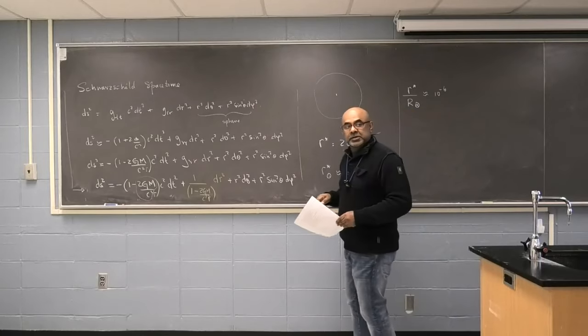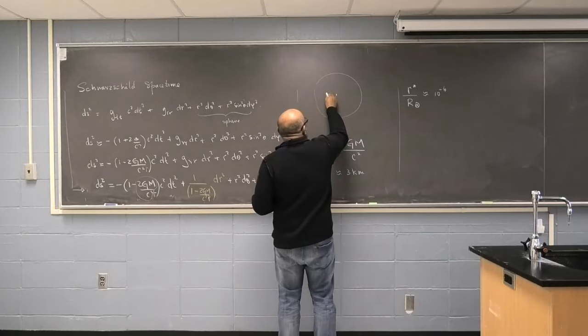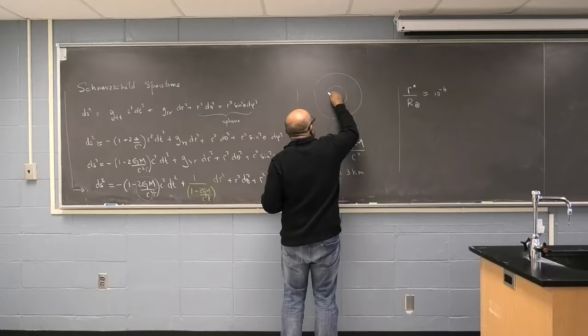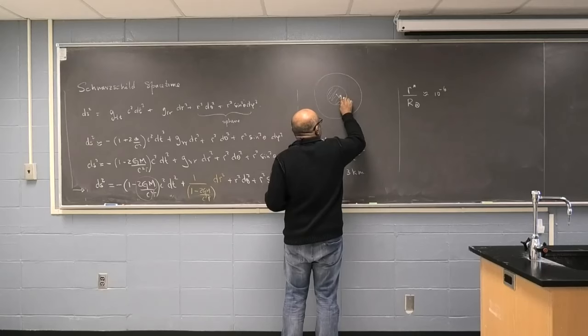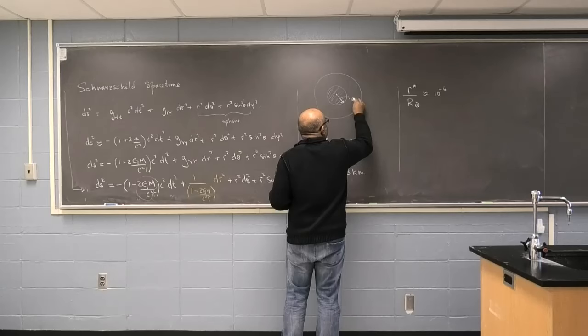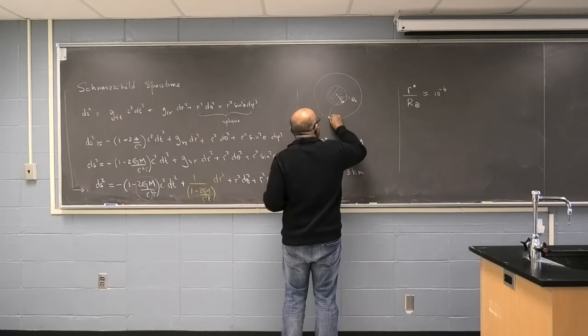So if this is the sun, look at what happens. This is the sun, and this radius is the radius of the sun. This radius is r star.